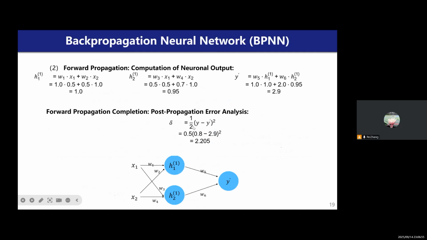So the error is 0.8 minus 2.1, squared, multiplied by 0.5, which is equal to 2.025.